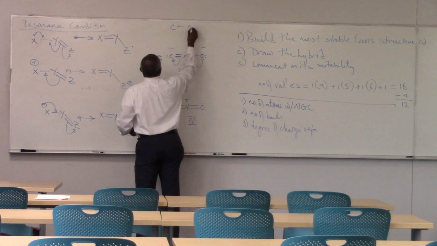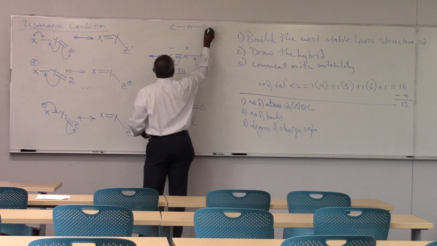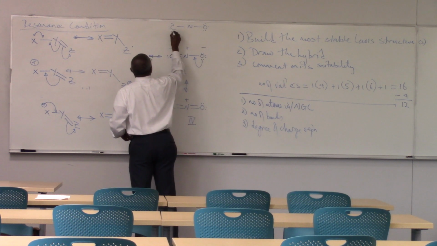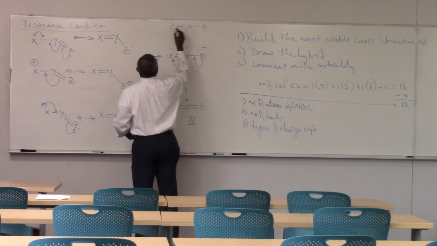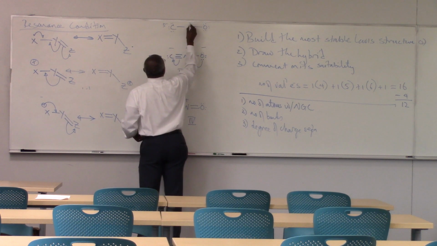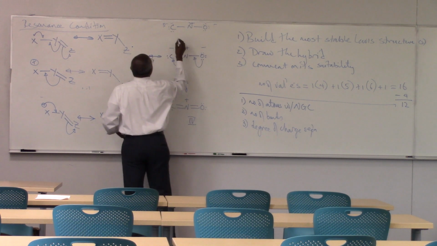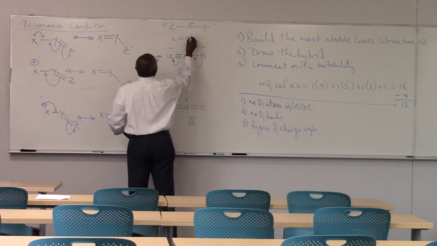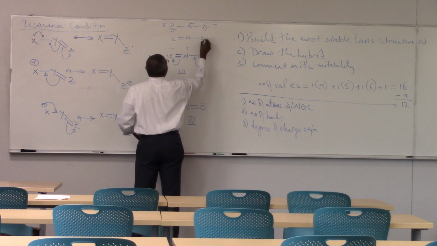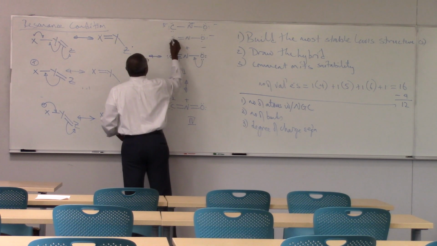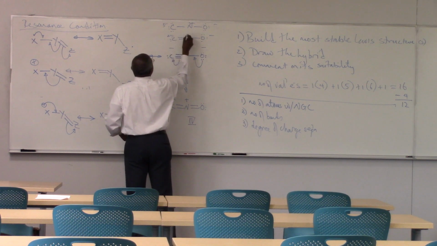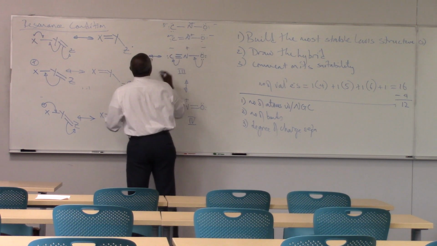So it's C, N, O, 2, 4, 6, 2, 4, 6. That's 3 minus, 3 plus, minus. And then we had C, double bond, N, single bond, O: 2, 1, 2. So this was 2 minus, 2 plus, and then that.